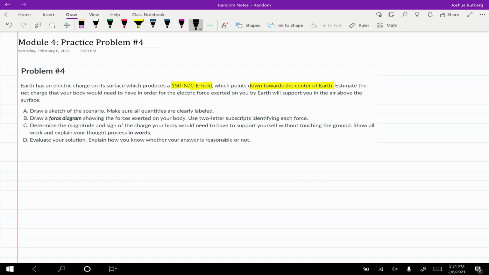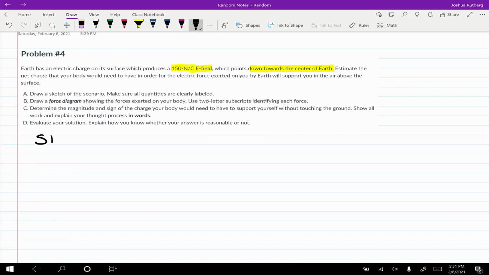So what we're saying is that Earth has an E field around it. And because we are near the surface of the Earth, we can take the surface of Earth to be flat. We don't need to worry about Earth being spherical because that is not relevant to our daily lives. So this is going to be Earth.